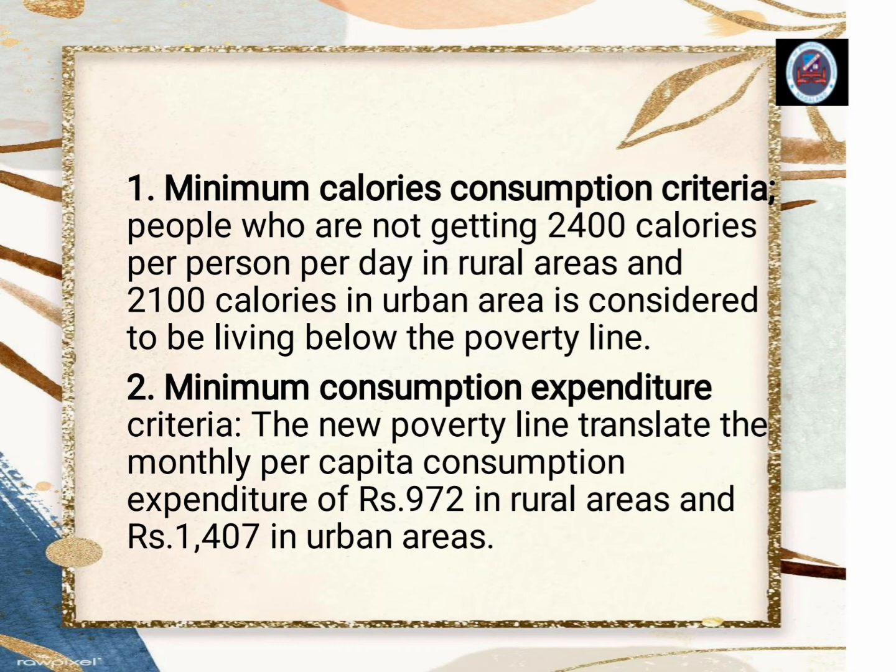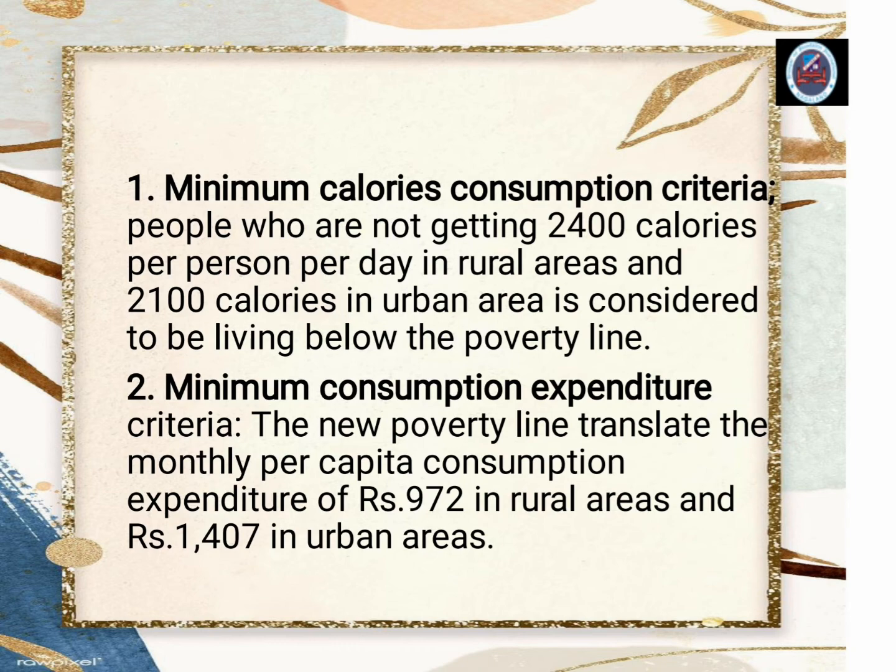Now, when we talk about the minimum consumption expenditure criteria, it talks about income or expenditure. So the new poverty line translates to a monthly per capita consumption expenditure of rupees 972 in rural areas and rupees 1407 in urban areas.